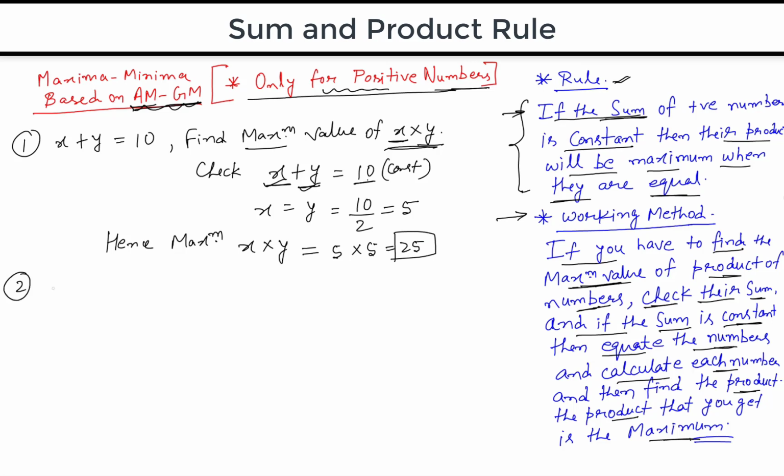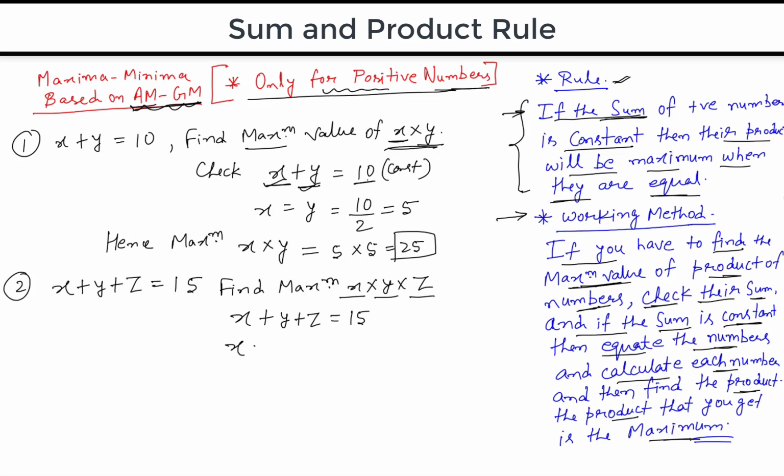Let's take another one. If I have x plus y plus z equal to 15, find the maximum value of x into y into z. So you need to first check x plus y plus z, which is given as 15.